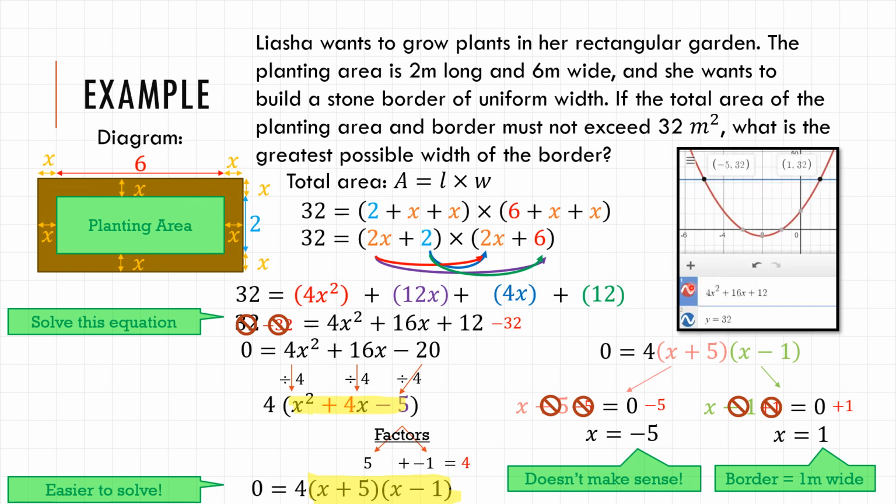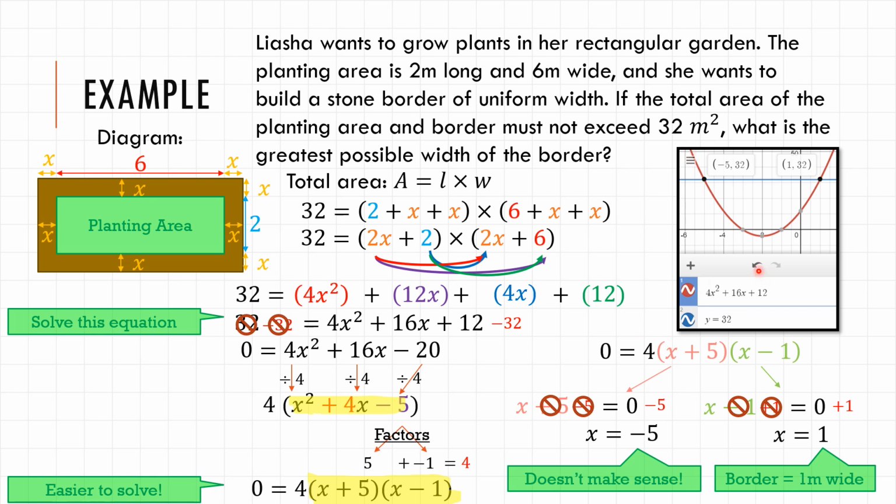And I'm going to confirm this with a graph. Okay, so in this graph, I've put this equation here, 4x squared plus 16x plus 12. And then I've also put the number 32, y equals 32. And when does this actually equal 32? When does my parabola have the same y value as this line of 32? I can see here that my solutions are correct.